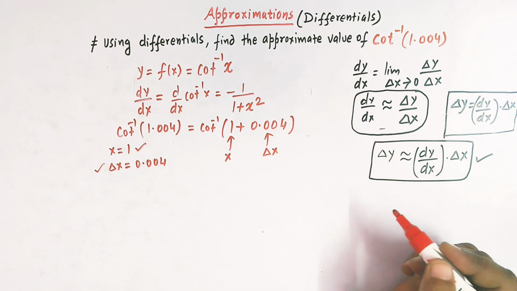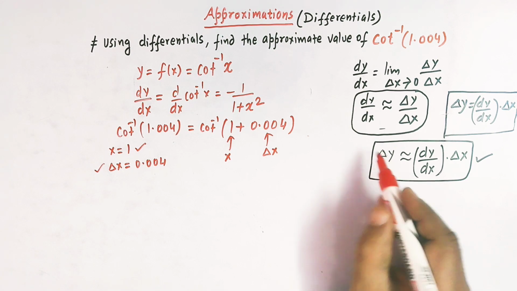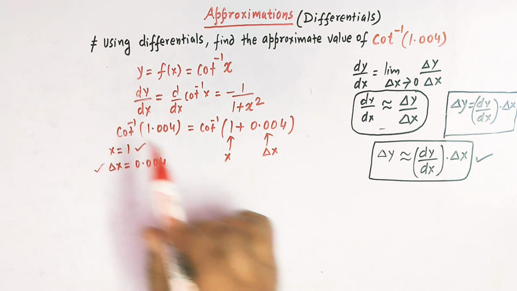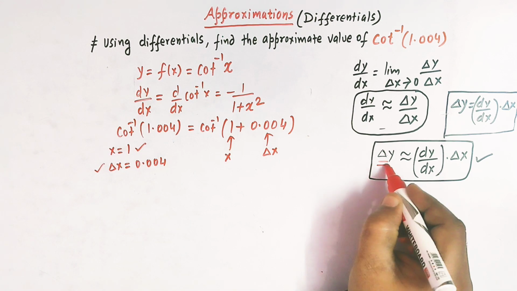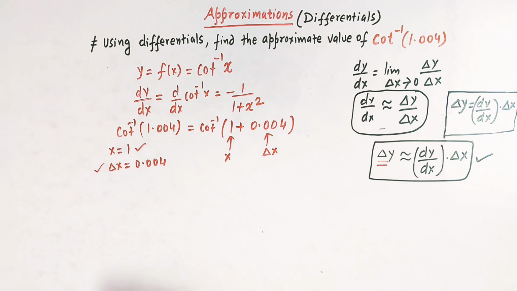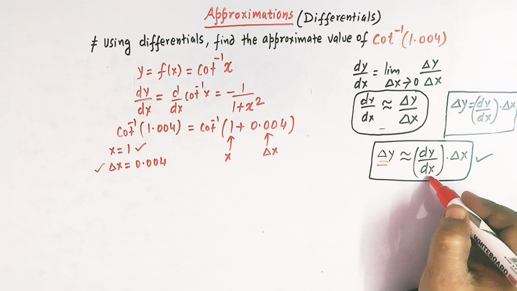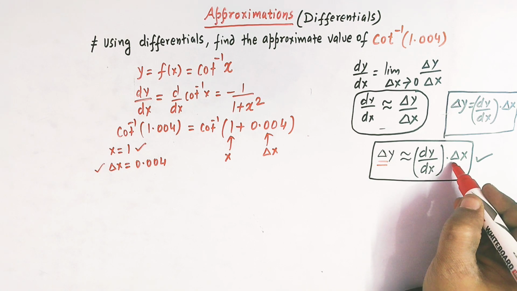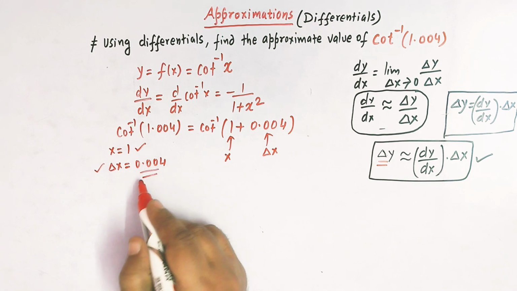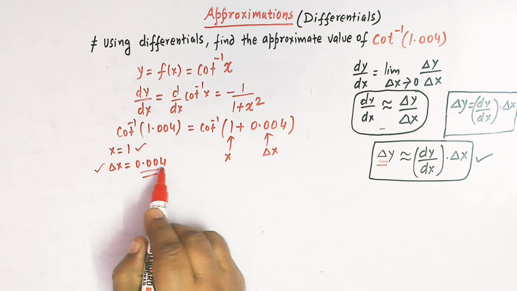Now we need to find the increment in the value of y, which is denoted by delta y. For getting delta y, we need dy over dx, and delta x is already known to be 0.004.